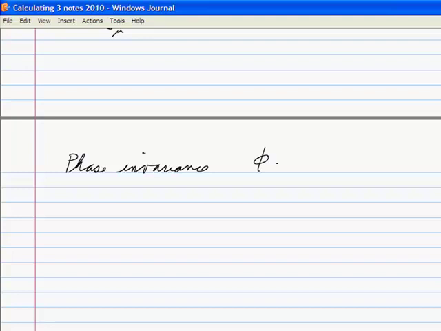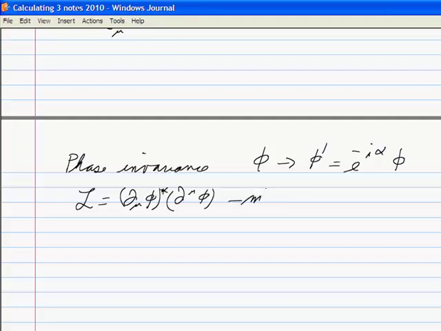So phi, it being a complex field, goes to phi prime, which is e^(−iα) phi. Okay, so the Lagrangian is ∂_μ phi* ∂^μ phi minus m² phi* phi. And that's invariant.